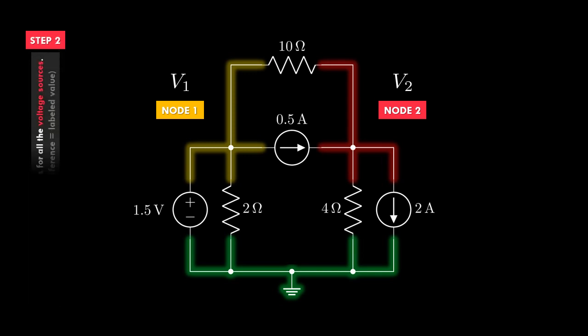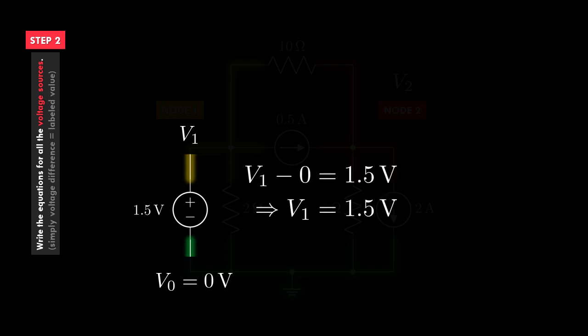Okay, so let's move on to the next step. We have to write the component equations for every voltage source in the circuit. Here we have only one voltage source with 1.5 volt voltage difference. Its positive terminal has a voltage of V1 and the negative terminal has a voltage of 0 volts. So the component equation for this voltage source will be V1 minus 0 equals 1.5, which just translates to V1 being 1.5 volts.